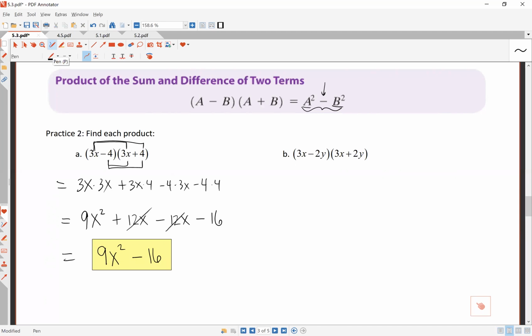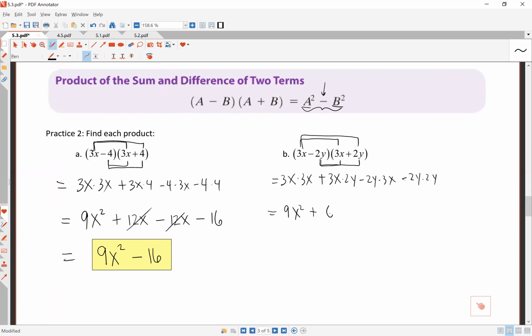Letter B, we start off with 3x times 3x. That gives us 9x squared. Then we have 3x times 2y and minus 2y times 3x. Minus 2y times 2y.